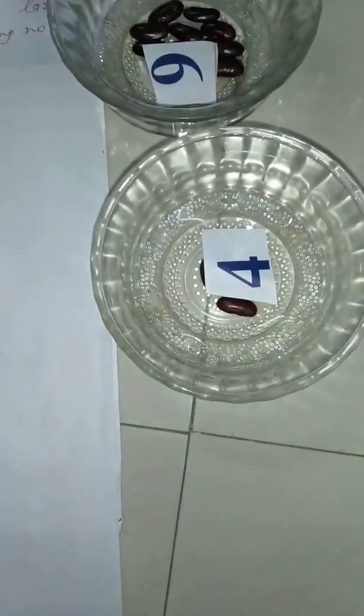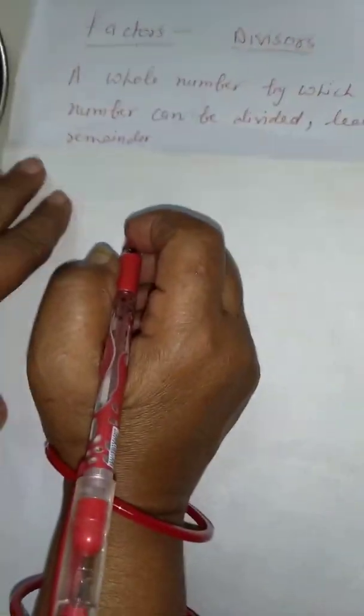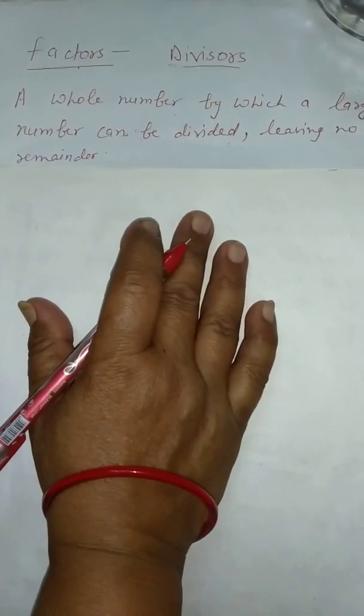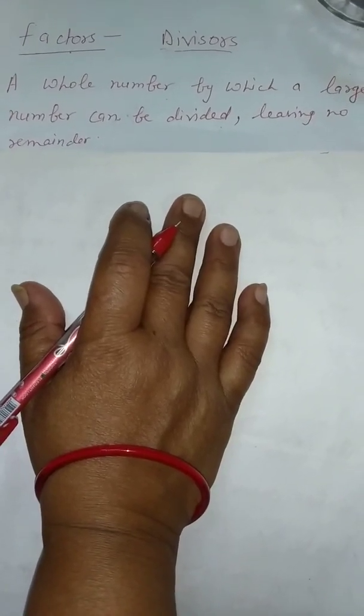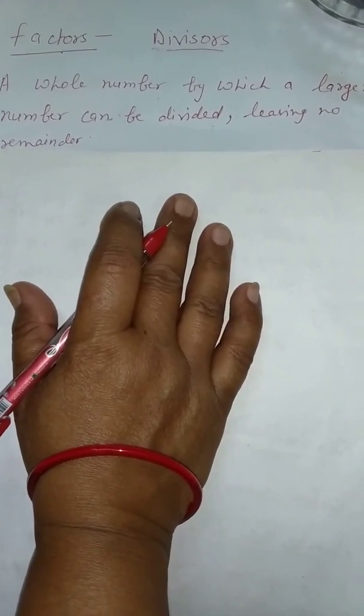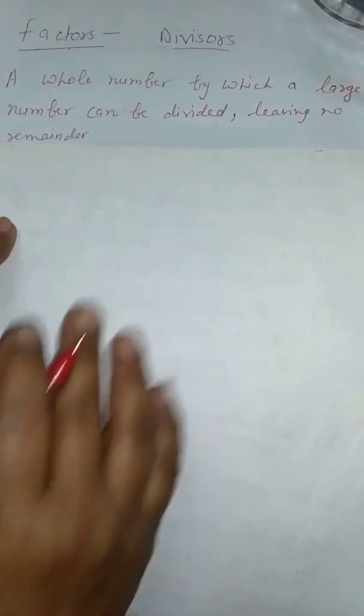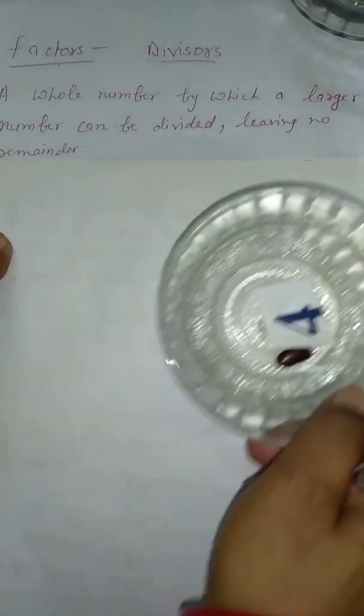Okay, and you will take a notebook or a sheet and a pen. You can also take any other seeds, but since the Rajma seeds are bigger and easy to count, I am preferring Rajma seeds. Now I am telling you how you can find out the factors.